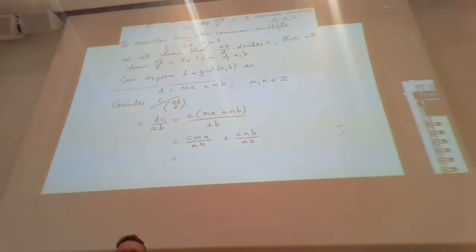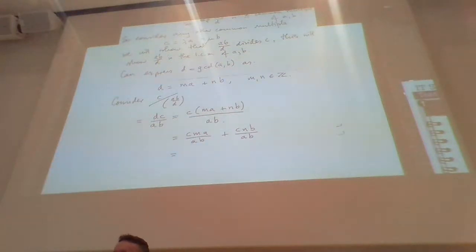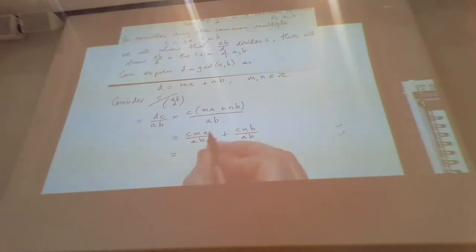Anyway, out of this fraction, you can cancel the A's. And out of this fraction, you can cancel the B's.